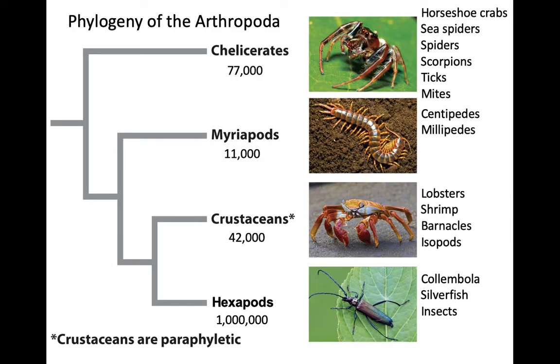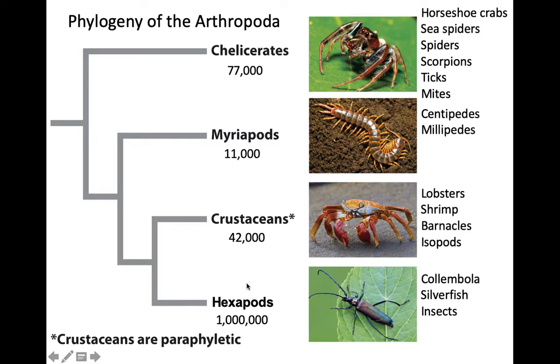So here are the 4 main groups of the modern Arthropoda. They're the Chelicerata. These are the spiders, scorpions, ticks, and mites. The Myriapoda are the centipedes and millipedes. The Crustacea are lobsters, shrimp, barnacles, isopods, and several other groups.